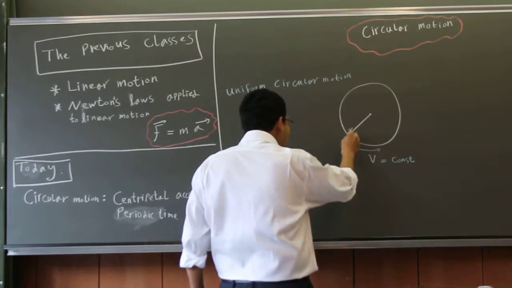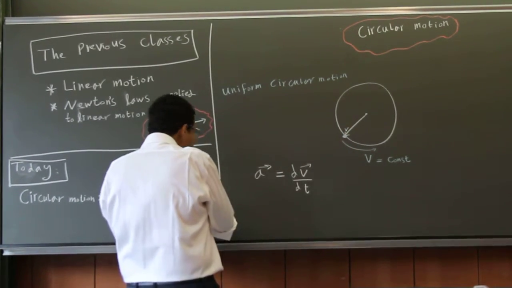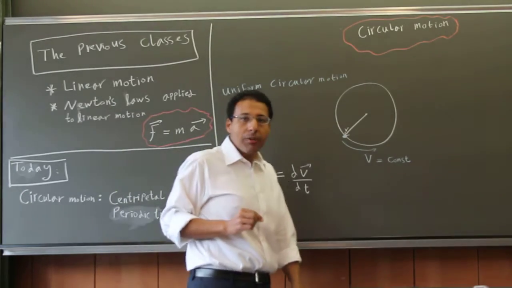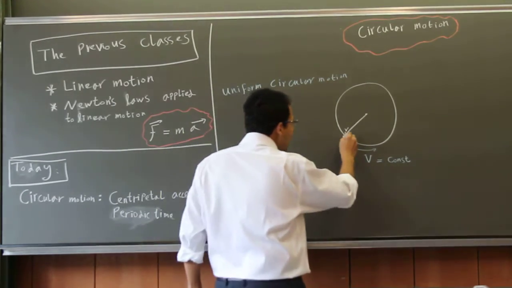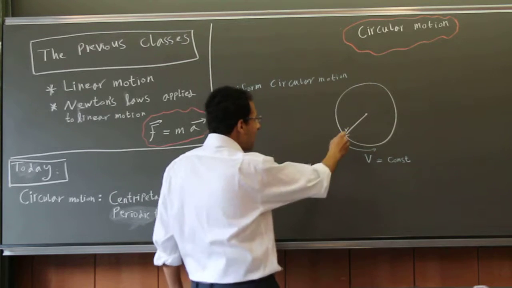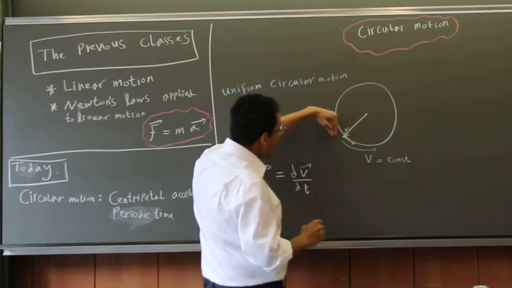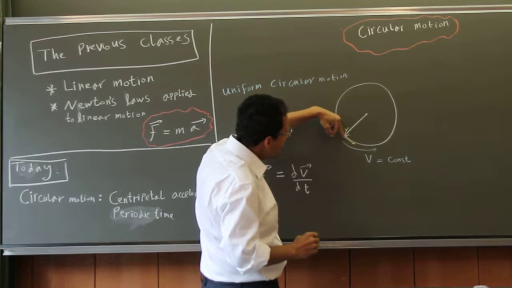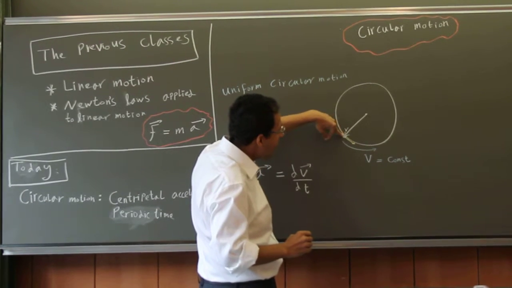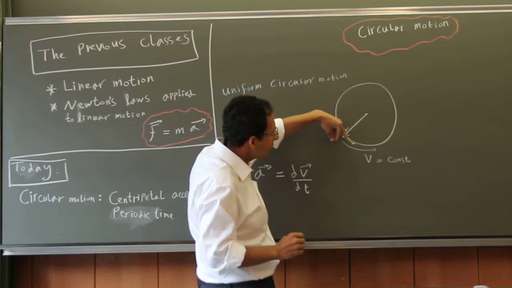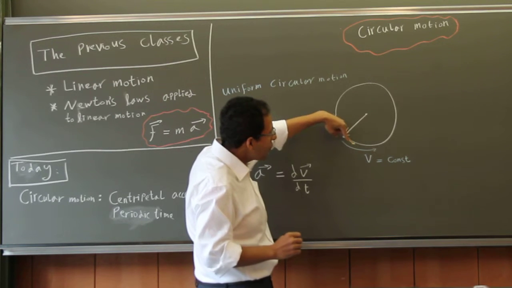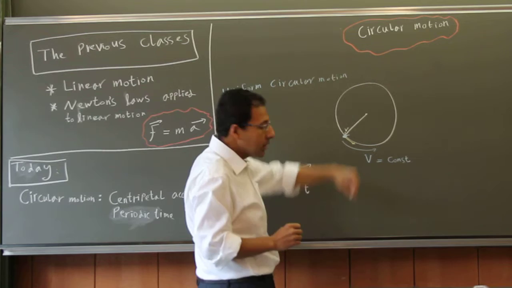So now my particle is here. Where is the direction of the velocity? Right. Exactly, it is tangential to the circle. You see? Because the particle moves in this direction. So at this point, the velocity points along the tangent to the circle.